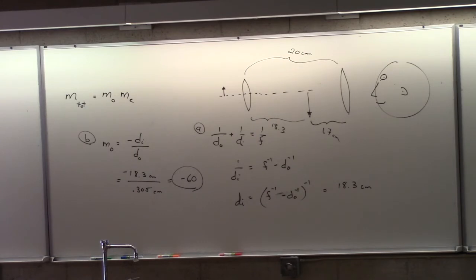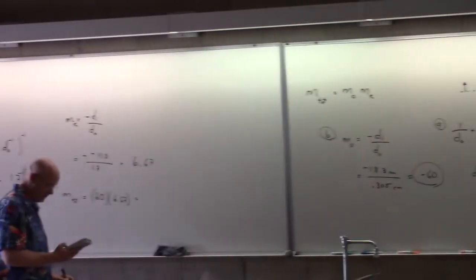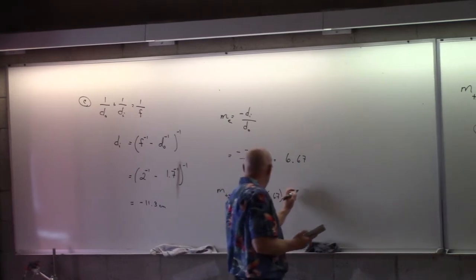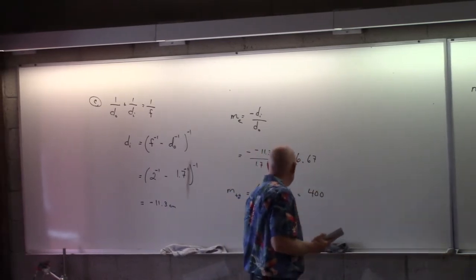And so I think the next part of this question says, okay, so what is the total effect of both of these lenses? You would take a 60 times magnification and a 6.67. And so we're looking at 400.